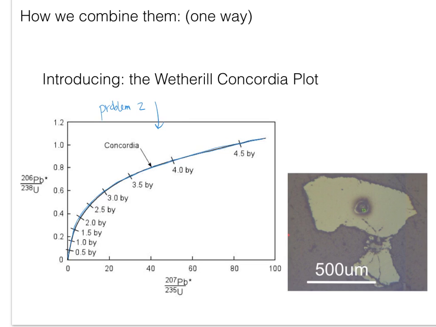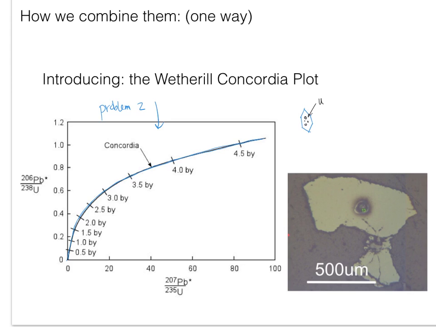So let's say that we have some zircons that are forming today, and since they only incorporate uranium in them and no lead when they initially form, they would only have uranium and no lead at all, because no time has passed, so no lead has accumulated in the closed system in the zircon.